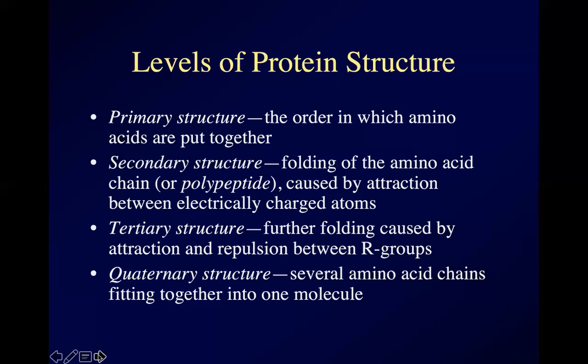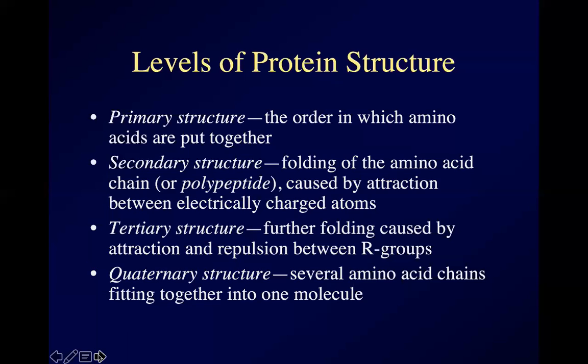Just like a long piece of tape will tend to stick to itself if it gets the chance, chains of amino acids will stick to themselves given the chance. And a chain of amino acids will typically start folding, caused by attraction. You could think of it as similar to static electricity, attraction between electrically charged atoms. And we call that level of folding secondary structure.